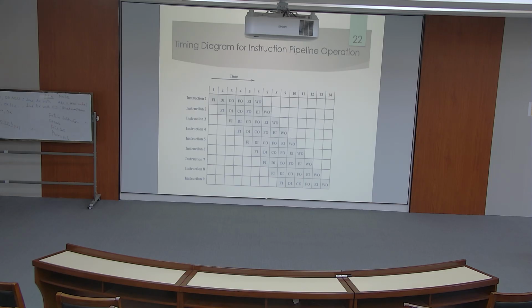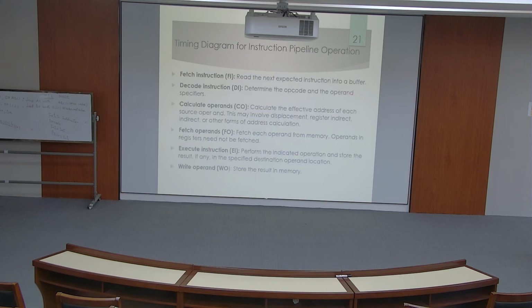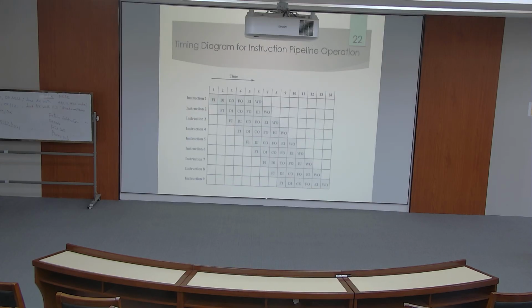Now we have time number 4, that is clock cycle number 4. We have FO, fetch operands. Our instruction number 1, during time number 4, will be in FO, fetch operand.